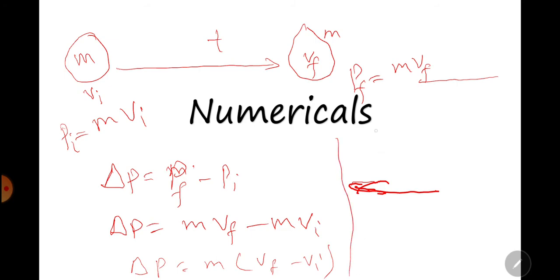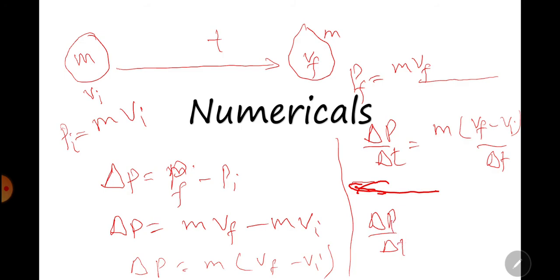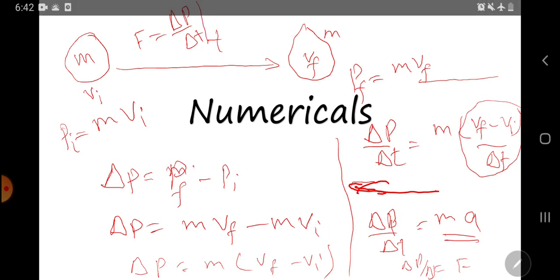So del p divided by del t is equal to m (vf minus vi) divided by del t. Here (vf minus vi) divided by del t is equal to a. According to Newton's second law, F is equal to del p divided by del t.